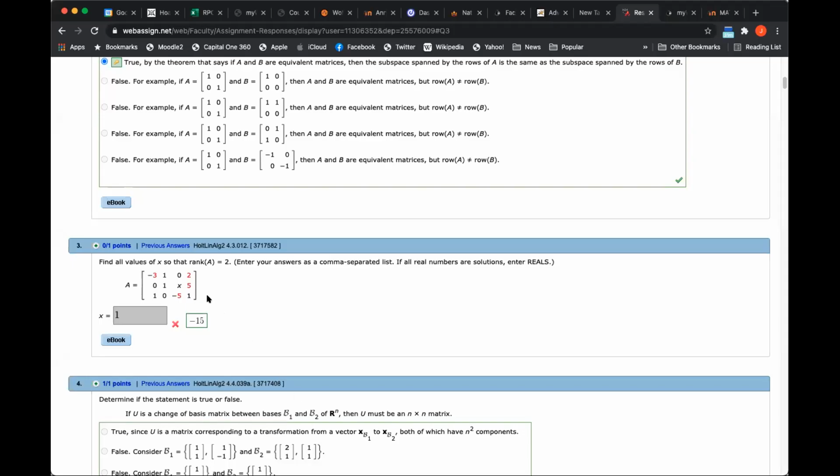All right, can everybody see that now? Okay, so number 3: find all values of x so that rank of A is equal to 2. So we want rank of A to be equal to 2. This is from test 3 review.